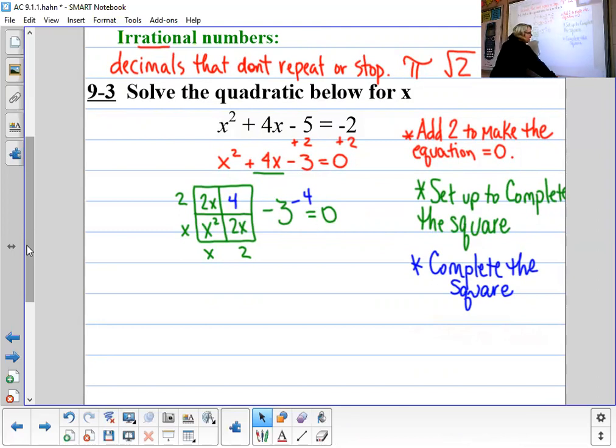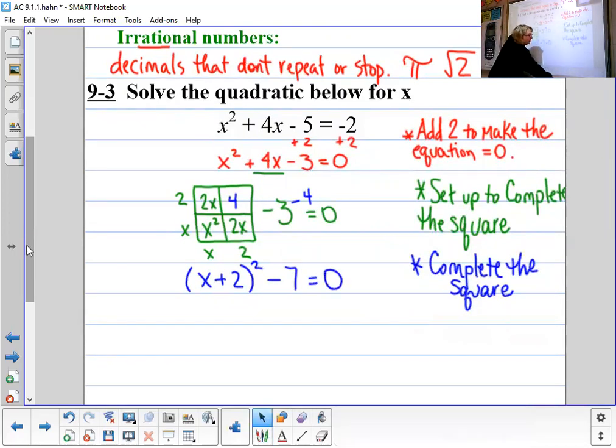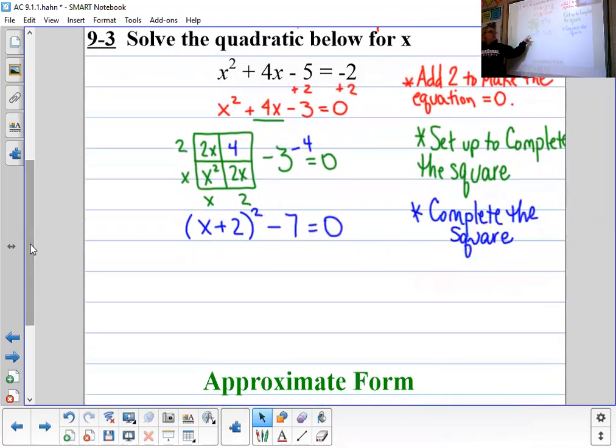And if I do that, my vertex form of my equation is going to be x plus 2 squared. What's -3 minus 4? -7. -7 equals 0.